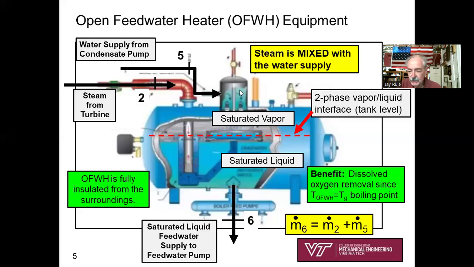We've got just the right amount of steam coming in to heat up this feed water, so that the vessel operates at a saturated condition, so that what's coming out the bottom of this tank is a saturated liquid. And in the real world, with a sight glass on the tank, you're going to be able to see a liquid level where above the liquid level is saturated vapor, below the liquid level is saturated liquid.